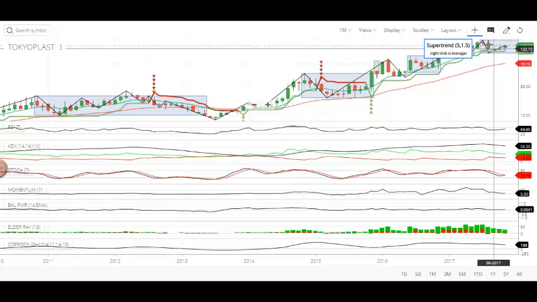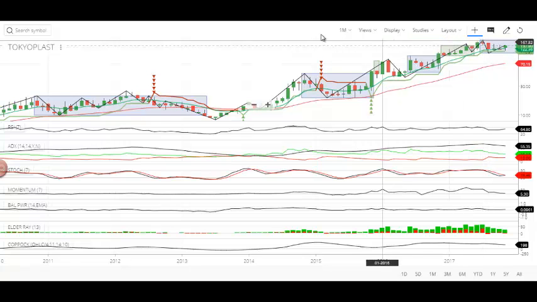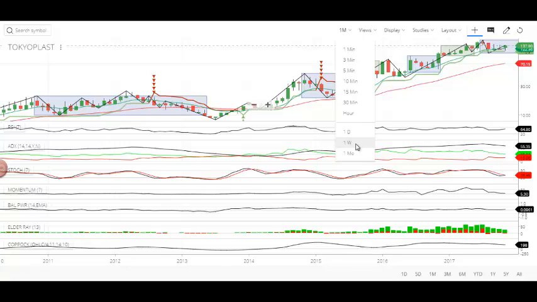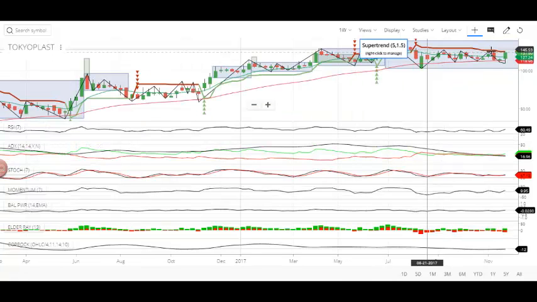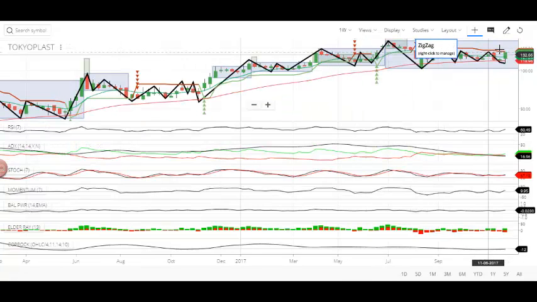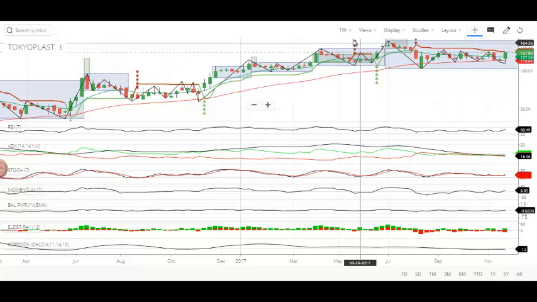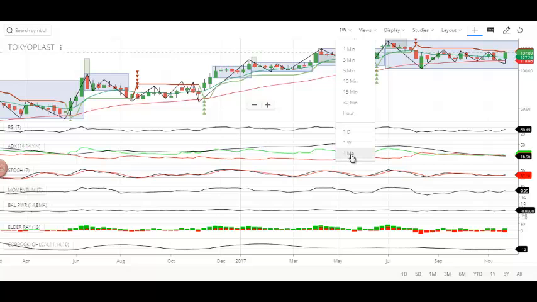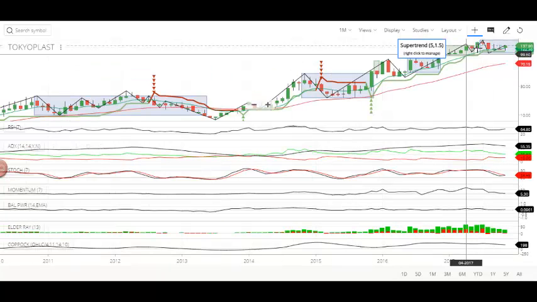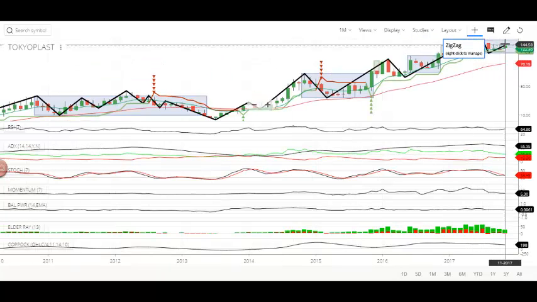And there is a reason for this. If you see in the weekly chart, I'm taking you to the weekly chart right now. The stock right now is under the influence of negative supertrend mode. This is what is stopping the stock from moving upward and following its historical path pattern and making new highs.